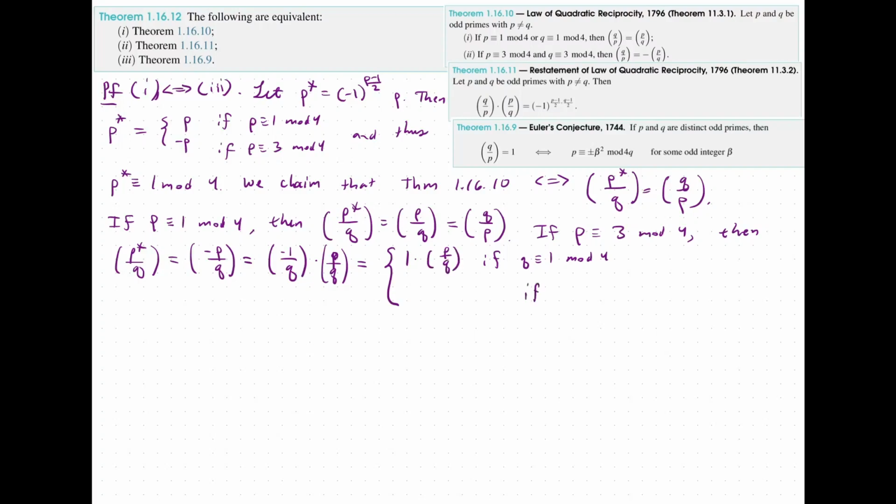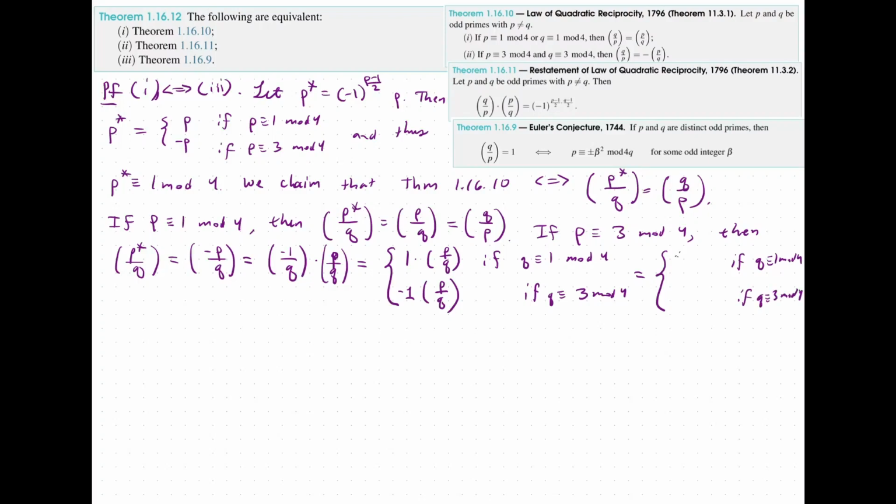And then if q is congruent to 3 mod 4, then what we are going to have is that (negative 1 on q) is negative 1. And then this will be times (p on q). But because we are assuming the theorem, so now this is the reason I wrote it this way. So here we have the case q congruent to 1 mod 4, and the case q congruent to 3 mod 4.